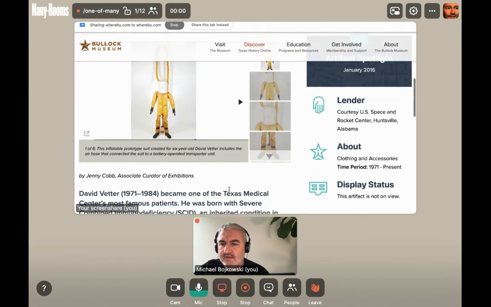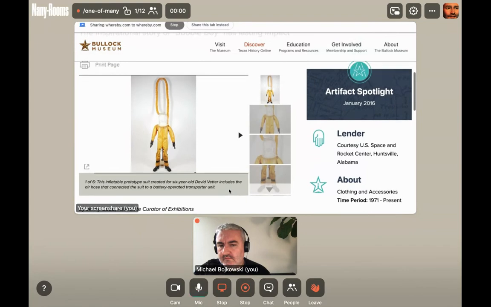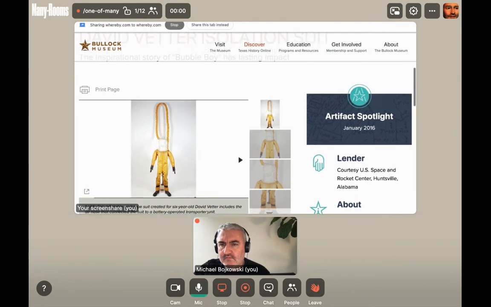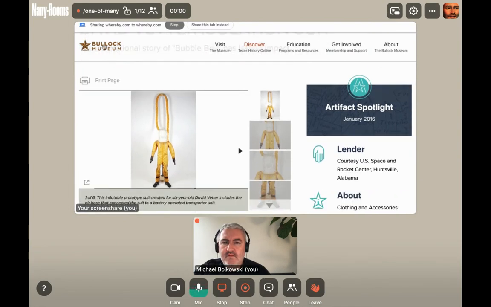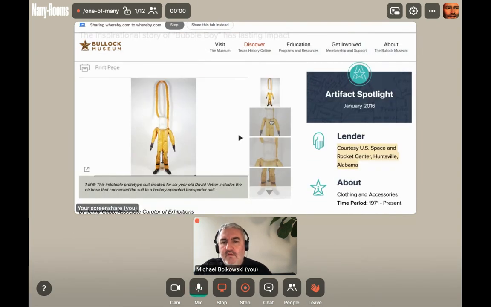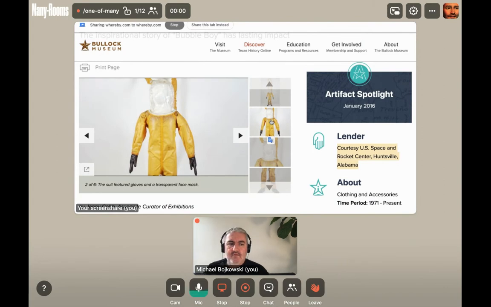I apologize if you can. This is an inflatable prototype suit. So this is a museum, I think in Texas. You'd assume it was in Texas. It's courtesy of the U.S. Space and Rocket Center in Huntsville, Alabama. That's interesting. Just hold on a sec.